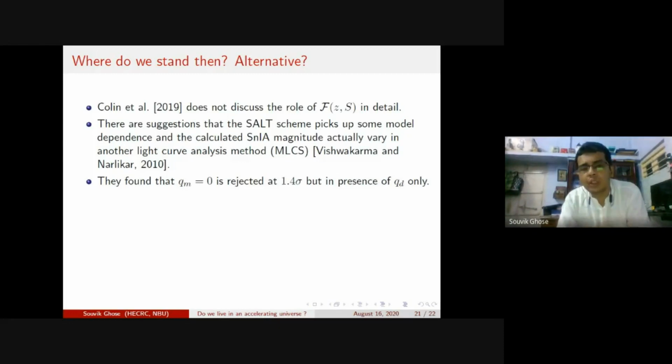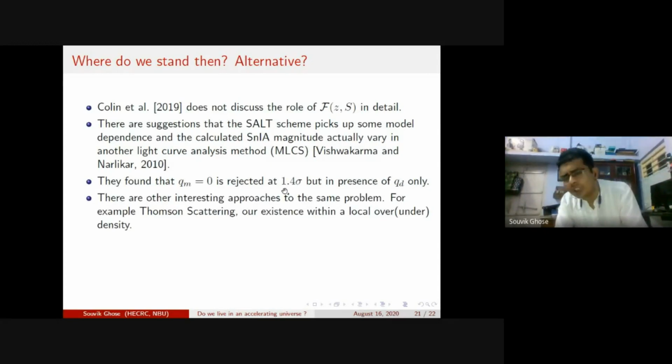But what they have actually found is that it can be rejected beyond 1.4 sigma, but only in the presence of Q_D. Remember, if the Q_D is not there, then their theory just falls apart. There is no suggestion that even if the Q_D is not present, still the acceleration of the universe has only 1.4 sigma.